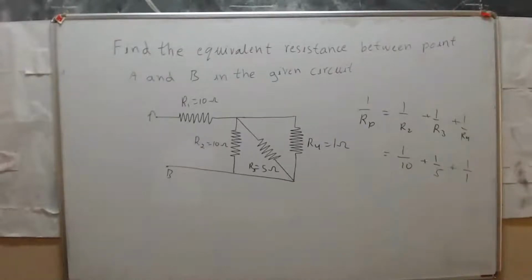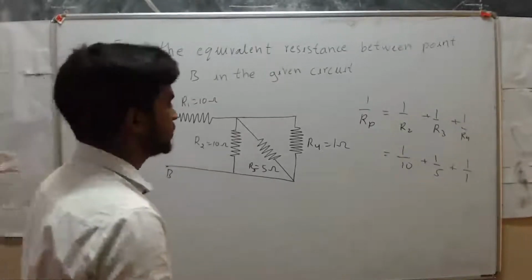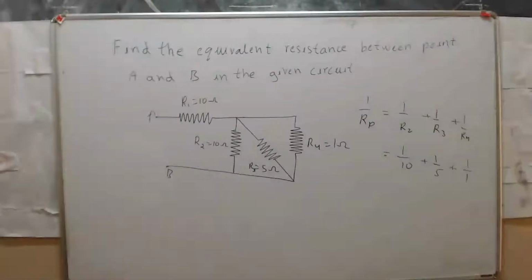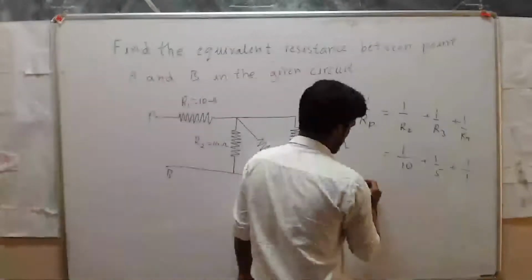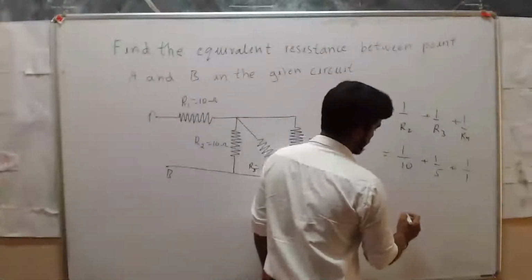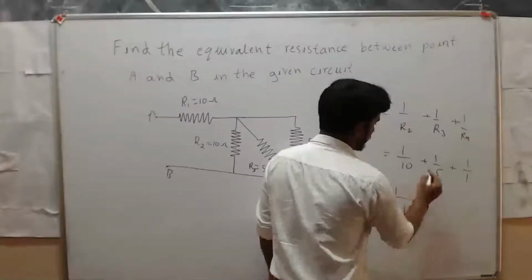First find out the Rp. So 1 by Rp, LCM is 10, right?